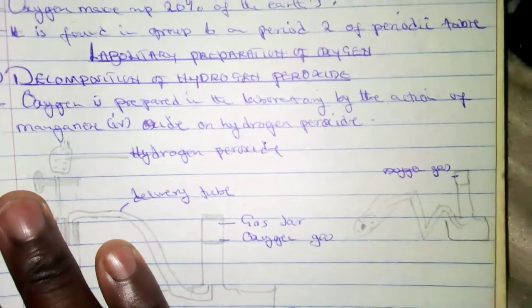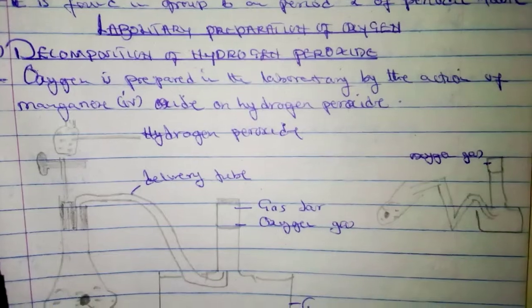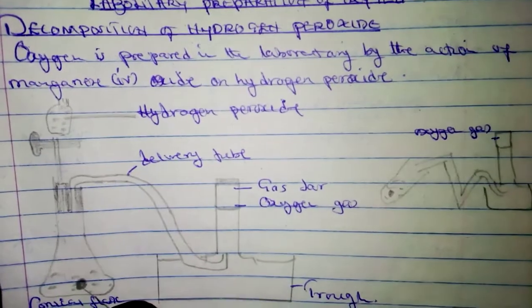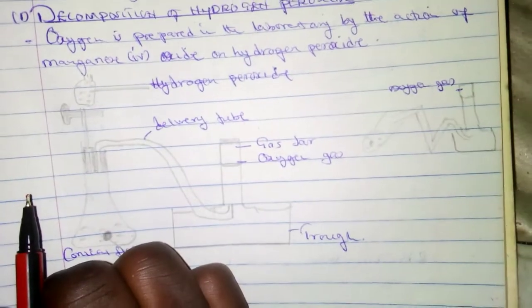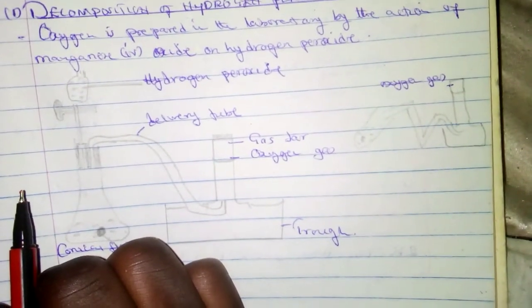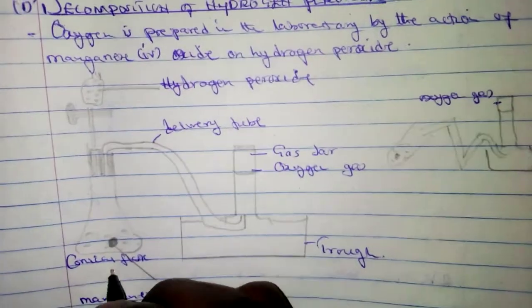Now, how is oxygen prepared? We shall look at two ways in which oxygen is prepared. One of the ways is by heating hydrogen peroxide.